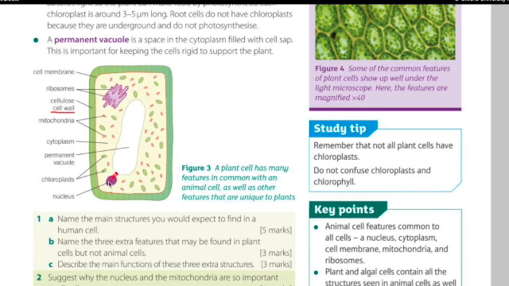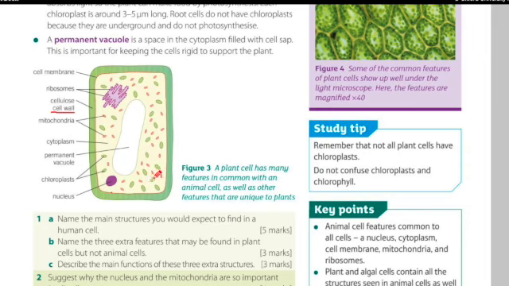Now, plant cells also have these green ones. You can see all those green dots here. That's called chloroplasts. Chloroplasts are the organelles that make food, which means photosynthesis is taking place in those tiny organelles, so they can make their own food.